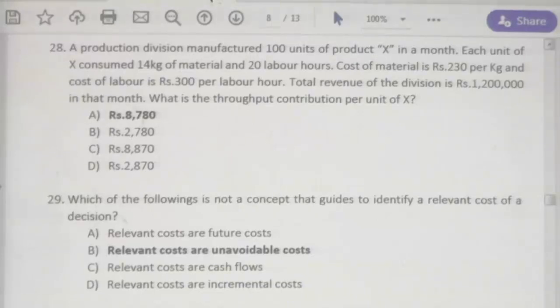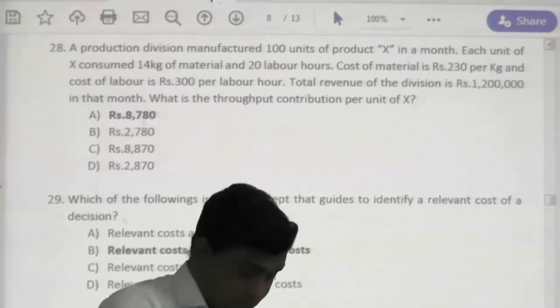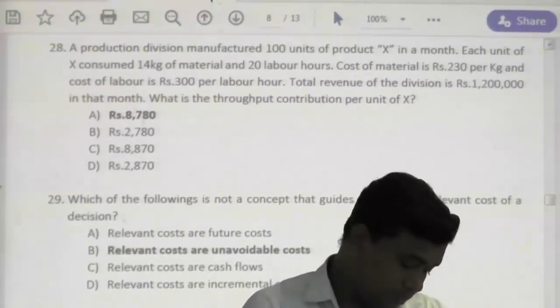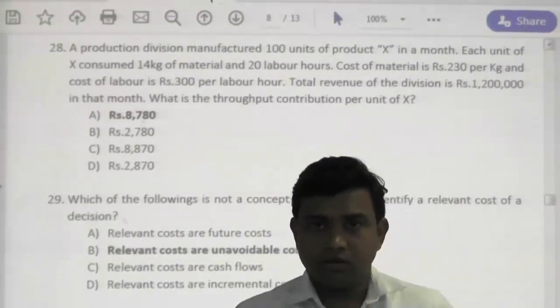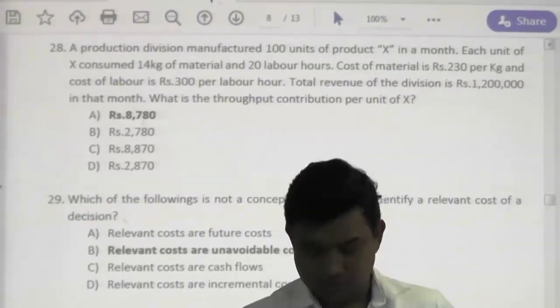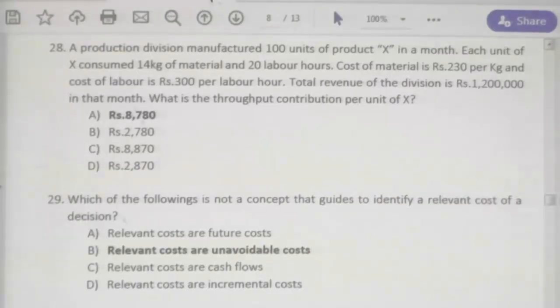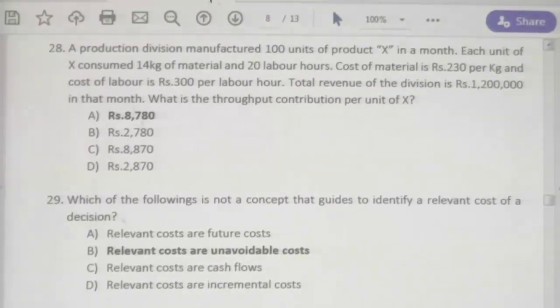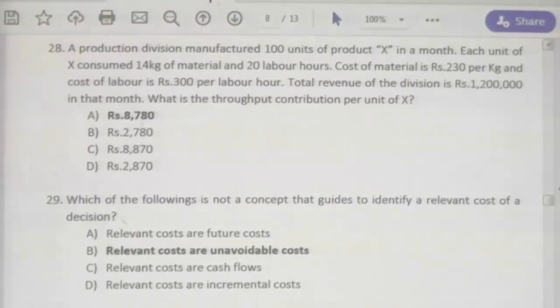I will explain this throughput theory on the whiteboard. This throughput accounting, you have to learn with marginal costing.